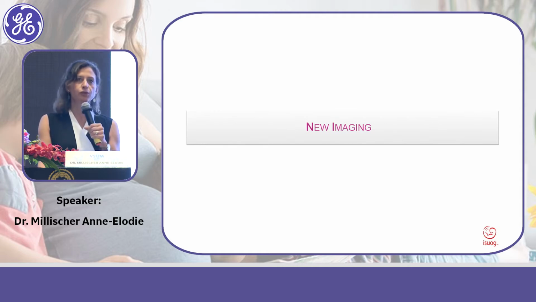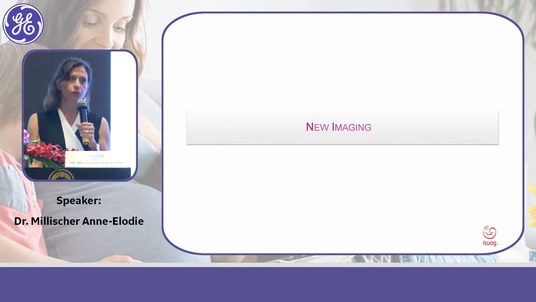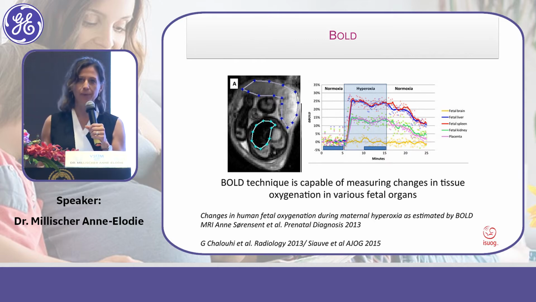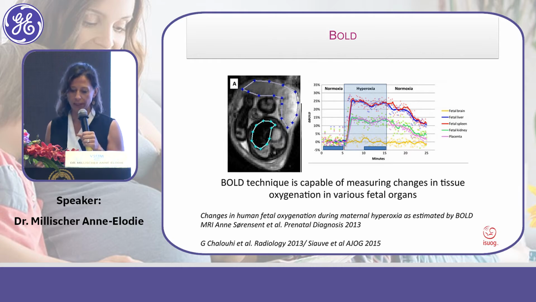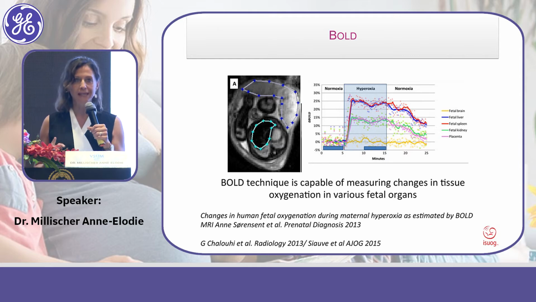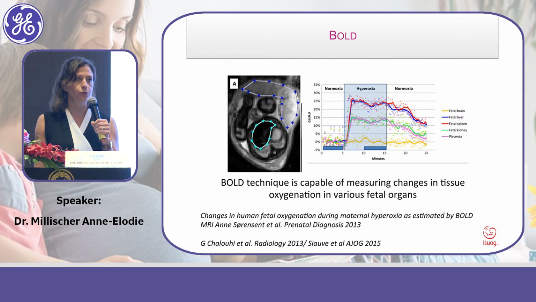And just a few words to finish about the placenta and imaging. It is the functional imaging because we think that it's the future to try to understand what is happening in this placenta and what kind of placenta could be insufficient for the pregnancy. And nowadays we have several new techniques with MRI which are capable to better diagnose this insufficiency.